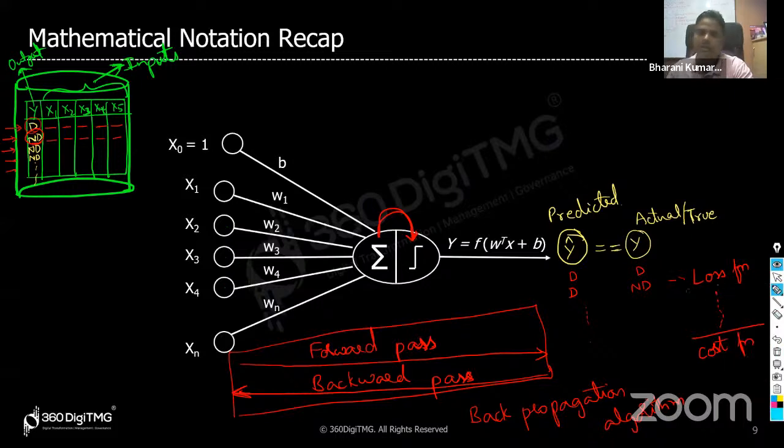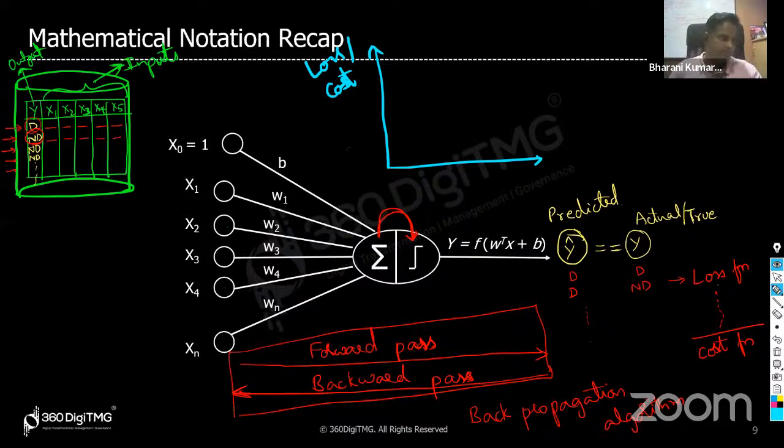This loss or cost is for your misclassified entries, incorrect predictions. When your model does incorrect predictions, you get the loss or a cost. Okay, this is what we get.